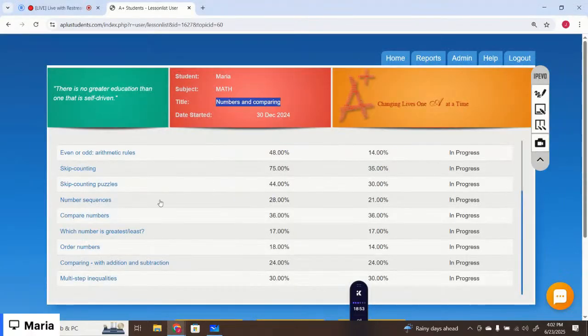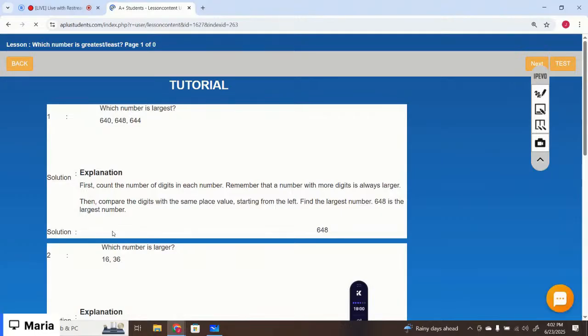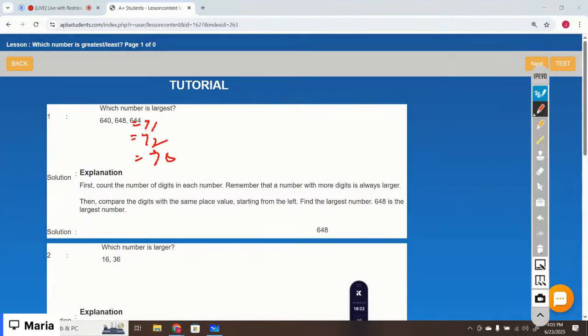Okay, let's just start with the lesson which number is the largest. We are given the list of the numbers: 640, 640, 644.